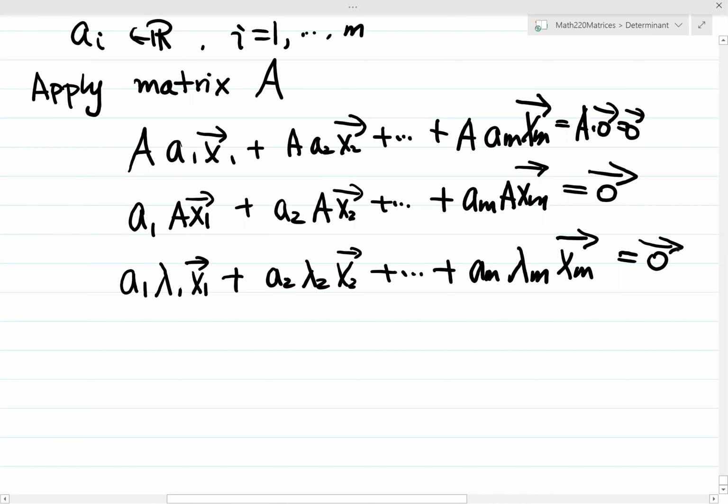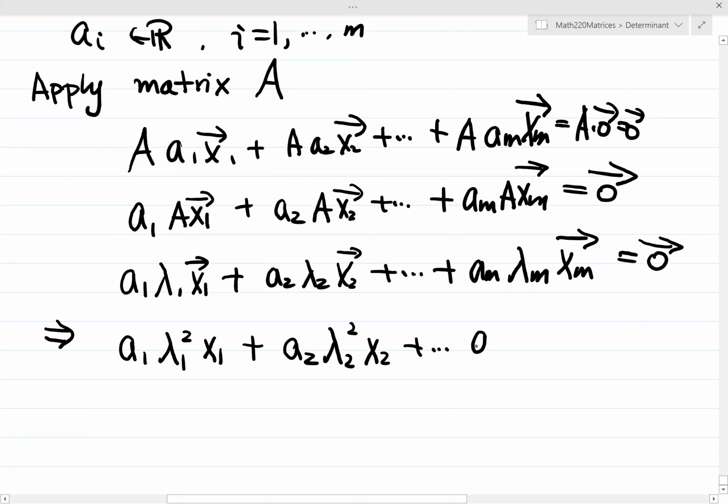Now of course we can apply matrix A again. So we get a1 lambda 1 squared x1 plus a2 lambda 2 squared x2 plus etc. plus am lambda m squared xm equal to 0.